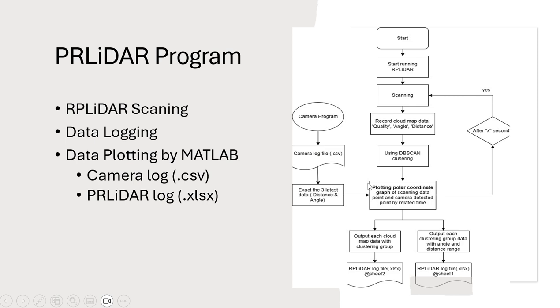The data for the camera program, the CSV file, will then be output to a sheet in Excel for the environment and combination with the other program. Then it loops over time.